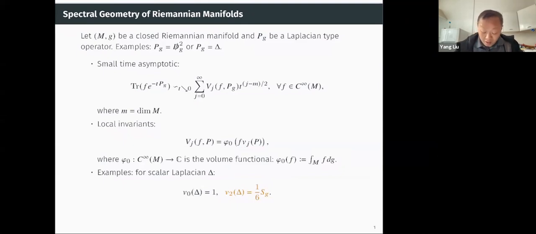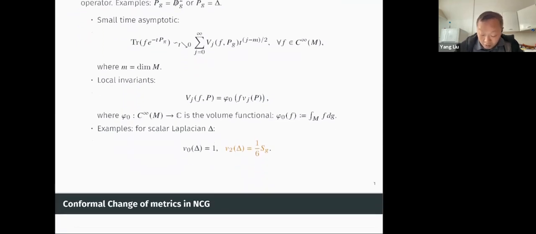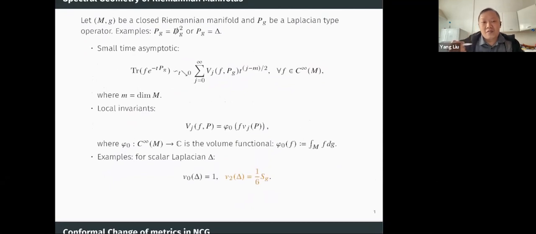And again, this spectral formulation proceeds smoothly into our spectral triple setting, I would say. Now, my focus in the talk is this: the first step is, given a metric g, how do you find this Laplacian type operator or Dirac square operator?